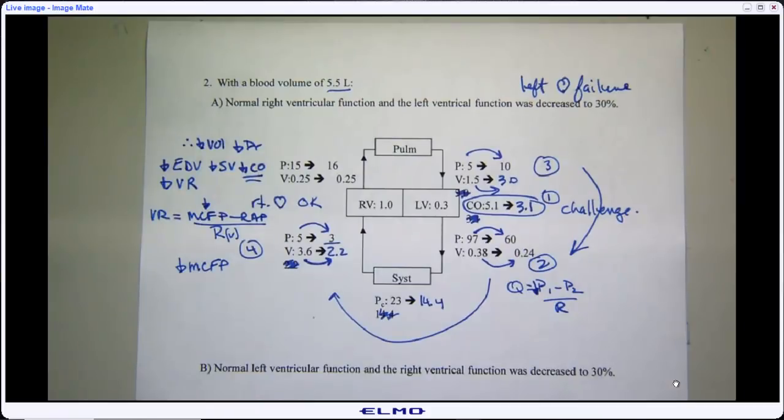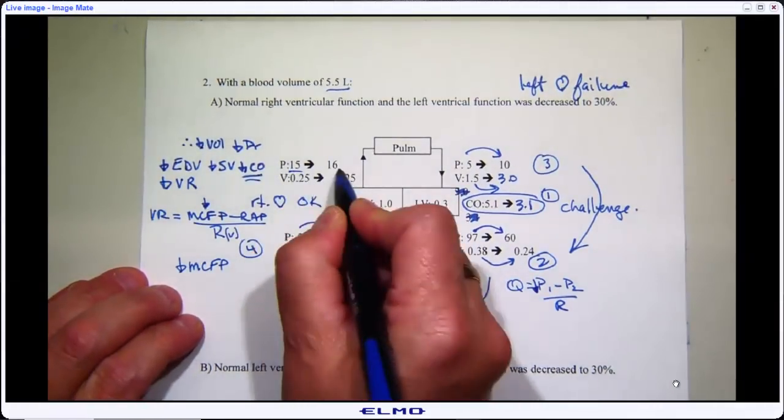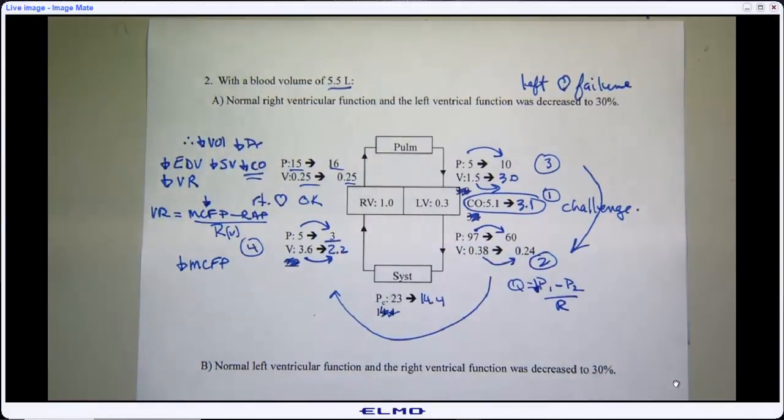That logic is sound. There is not an error in that thinking. So we should see a drop in volume and a drop in pressure. We don't. So that means there's something else affecting that compartment that we've not taken into account yet.